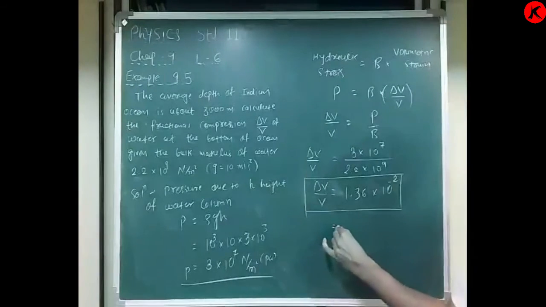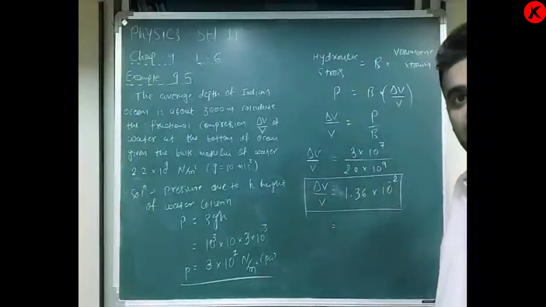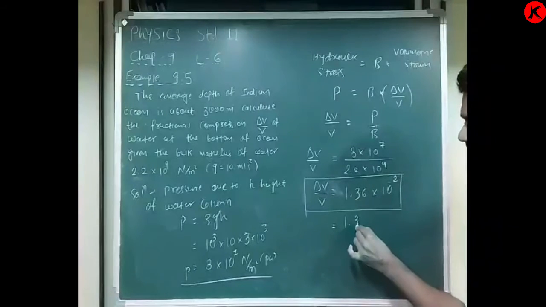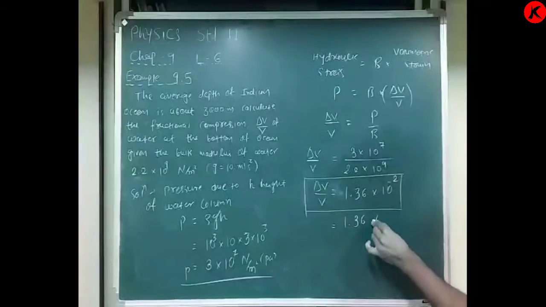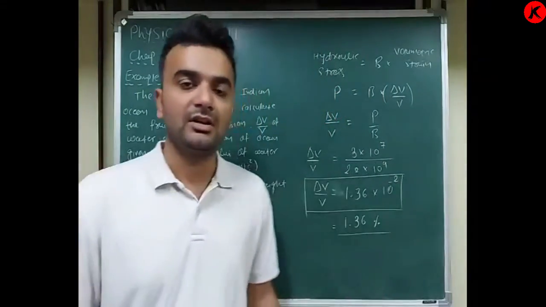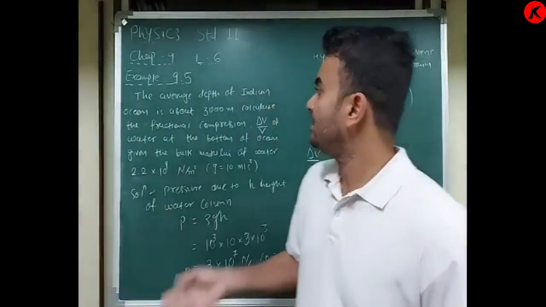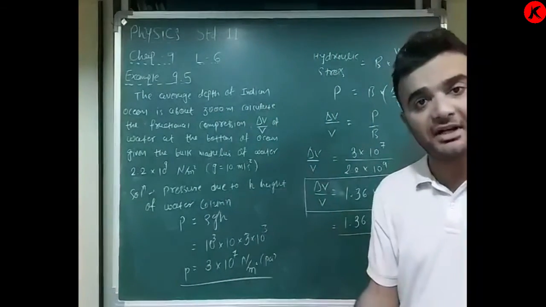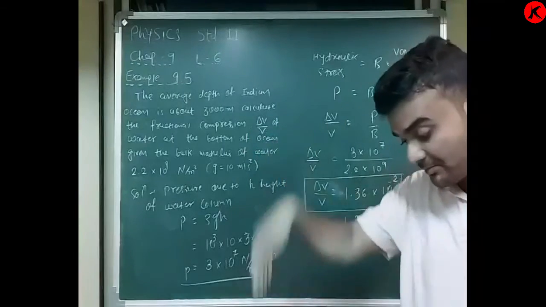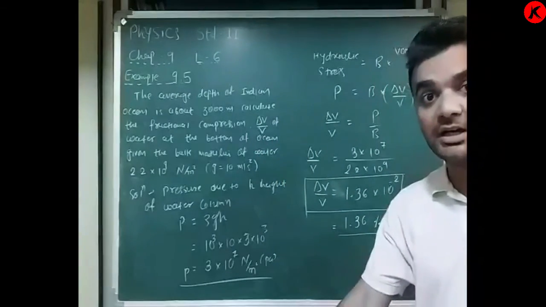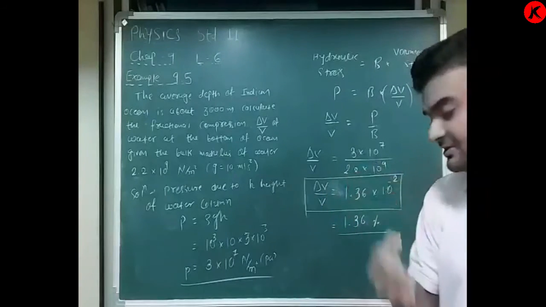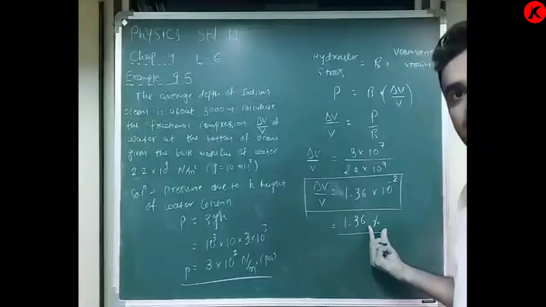If I want to give the answer in percentage, I need to multiply by 100, so it will be 1.36%. Okay, so if you go 3 kilometers below the surface of the water in the Indian Ocean, how much does the water compress? Only 1.36%.